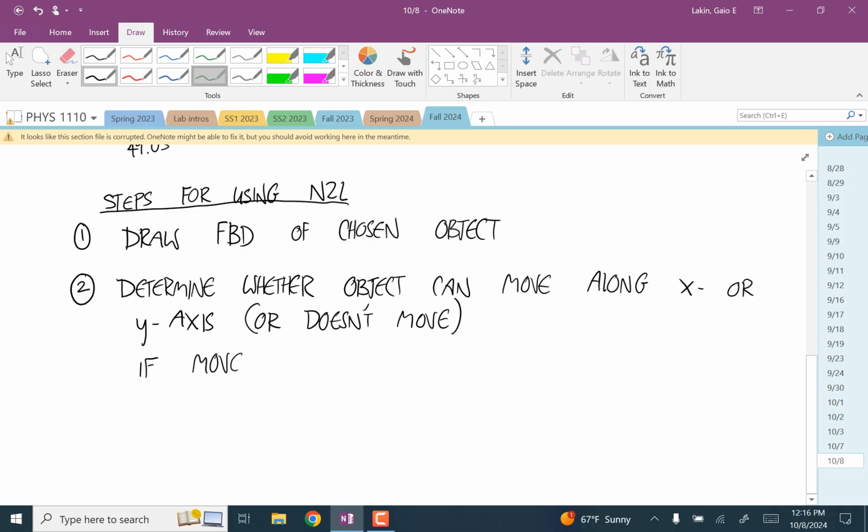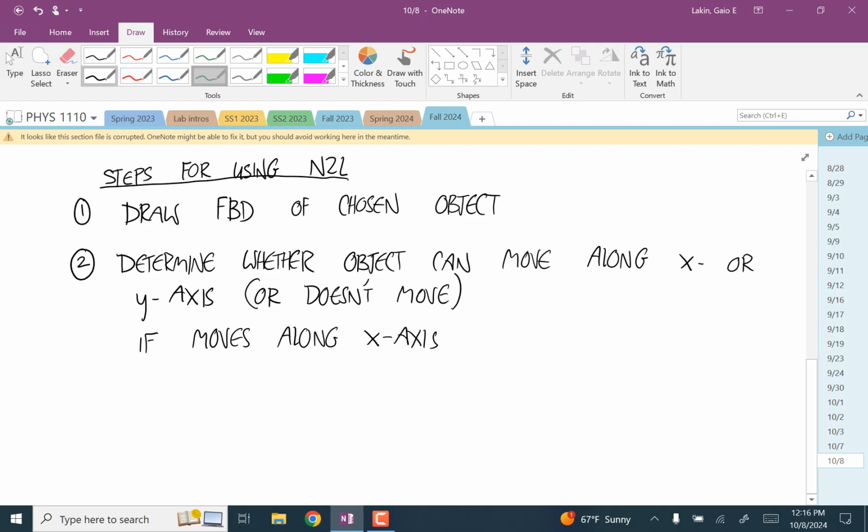If it moves along the x-axis, then you're going to write your acceleration vector as (a, 0), because the only possible acceleration is an x component.